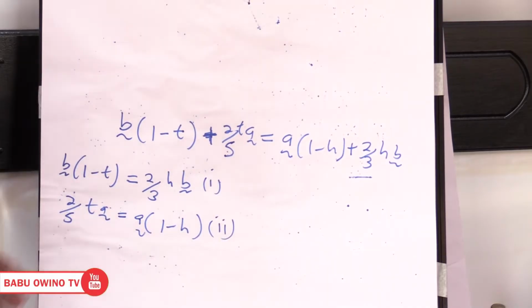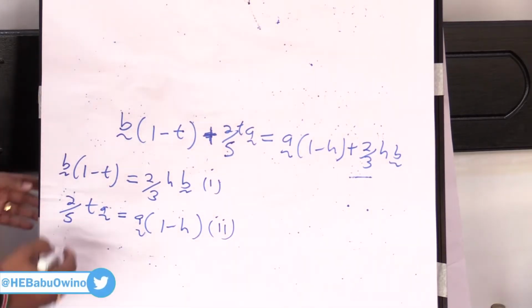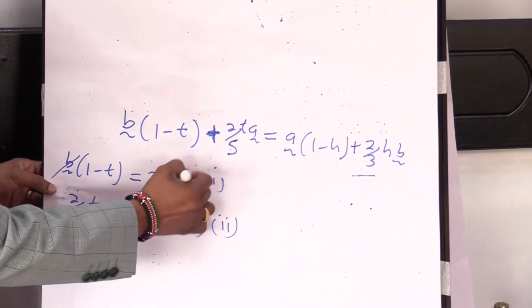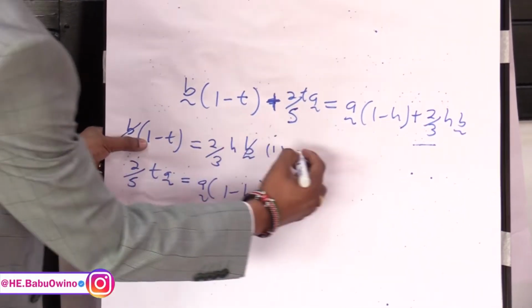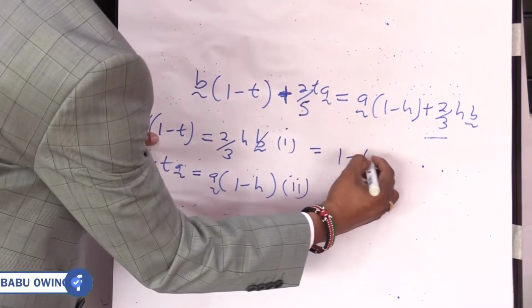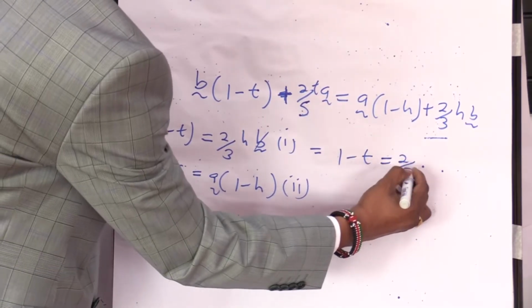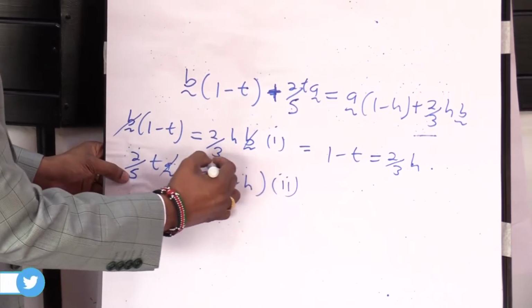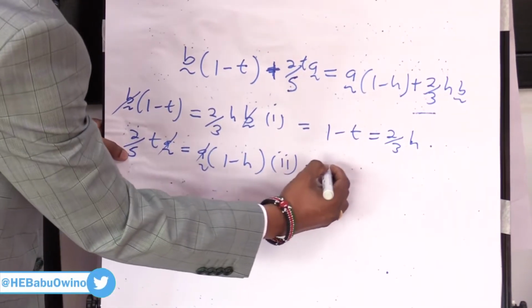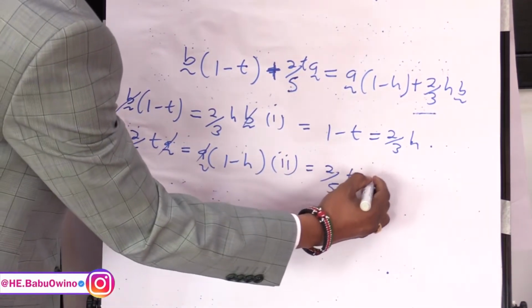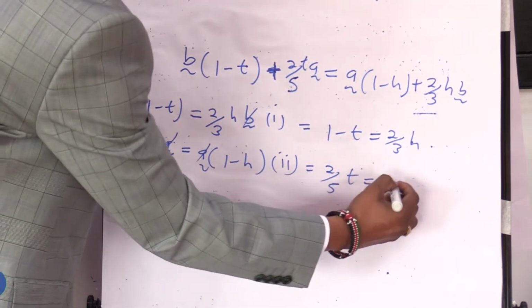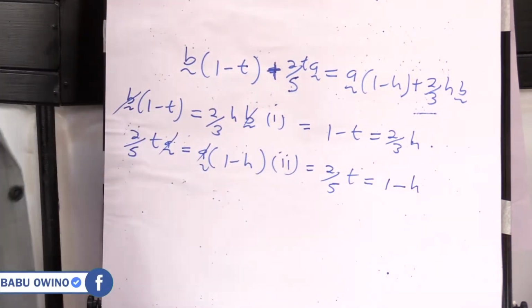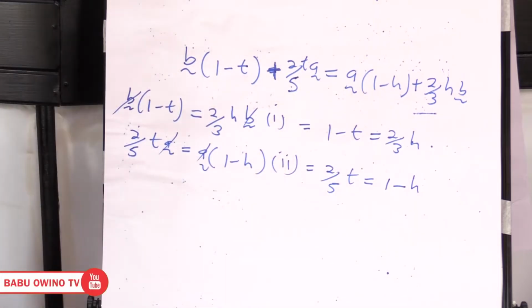So this forms two simultaneous equations. This B cancels this B, so here you remain with 1 minus T equals 2 over 3 H. And here this A goes with this A, so you get 2 over 5 of T equals 1 minus H. So these are two simultaneous equations.